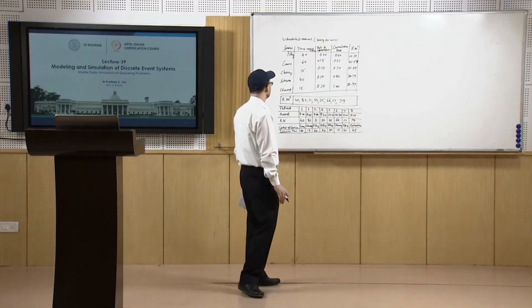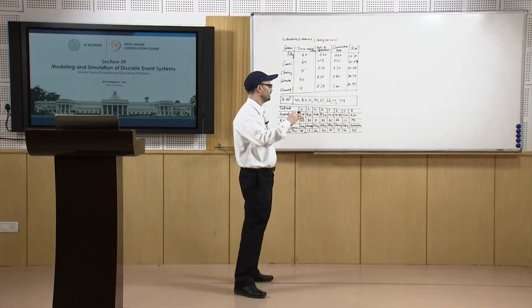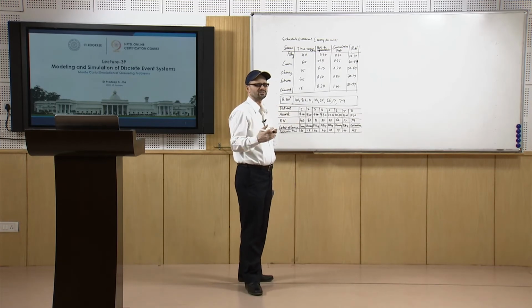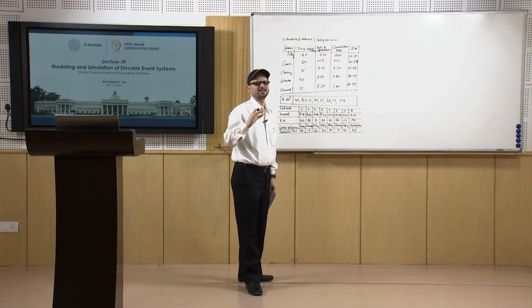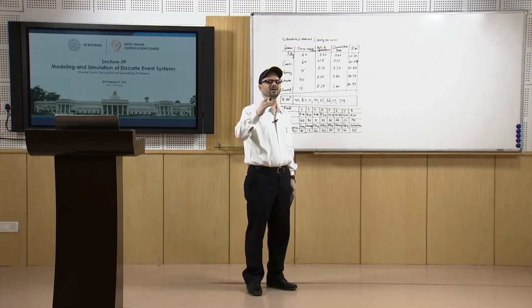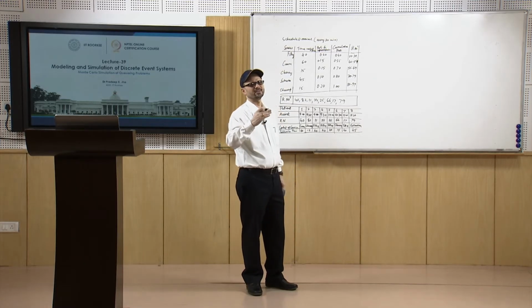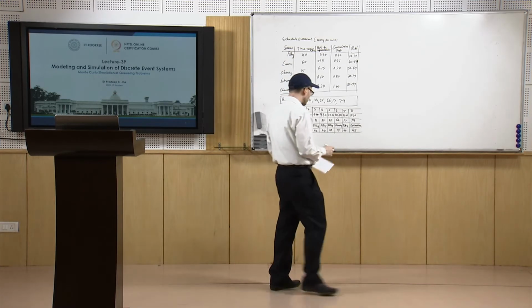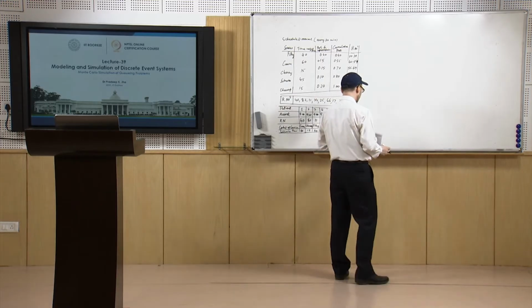Now, we have to find when the customer comes and when he leaves, so that we can find the final time when he leaves and the average waiting time. For that, we will again make a table.